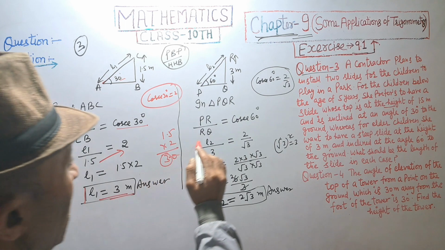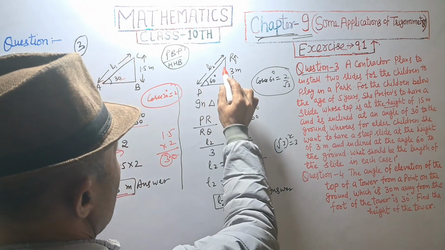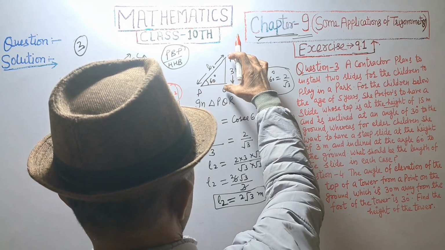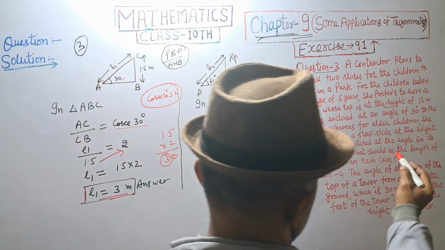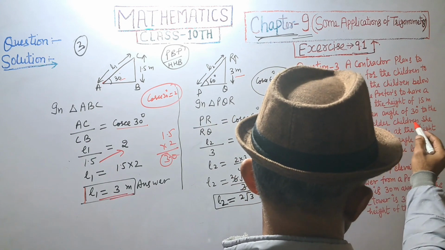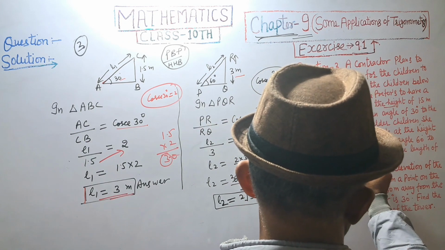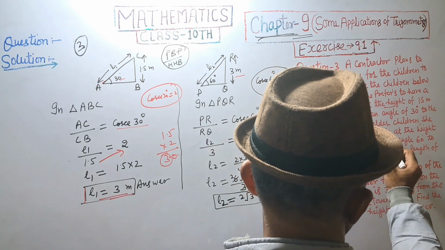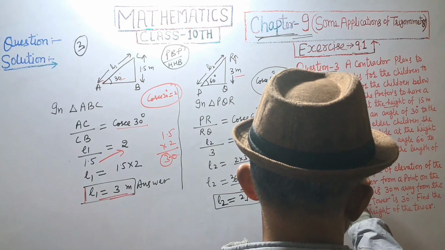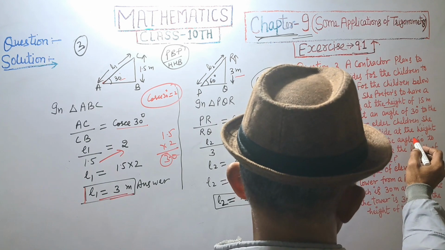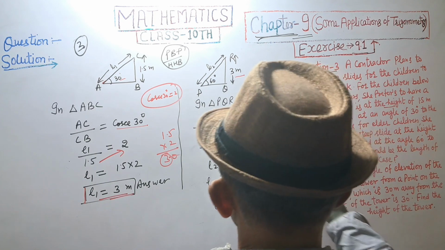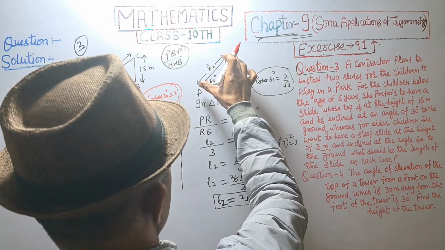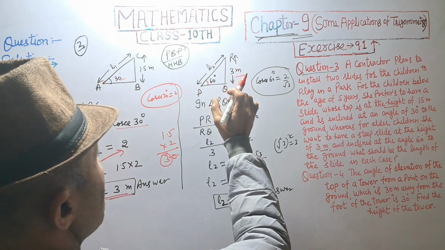Answer. And in another triangle PQR, the angle is 60 degree and RP is 3 meter. She wants to have a steep slide at the height of 3 meter and inclined at the angle 60 degree to the ground, and we want to find L2, that is hypotenuse.